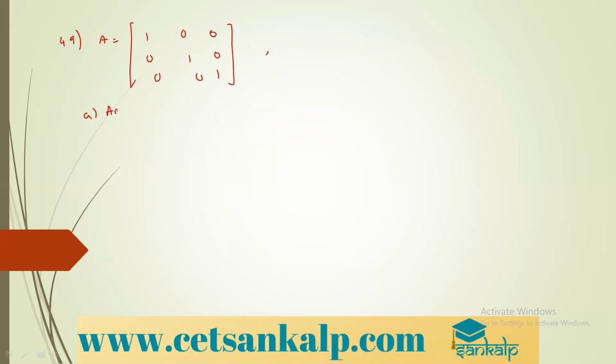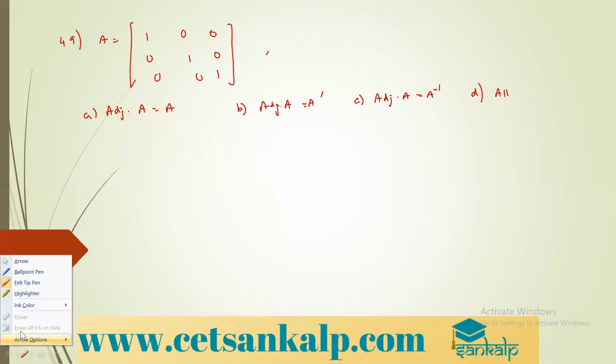Option A is saying adjoint of A is A. Option B is saying adjoint of A is A transpose. Option C is saying adjoint of A is A inverse. And option D, all are correct. That is what it is saying.